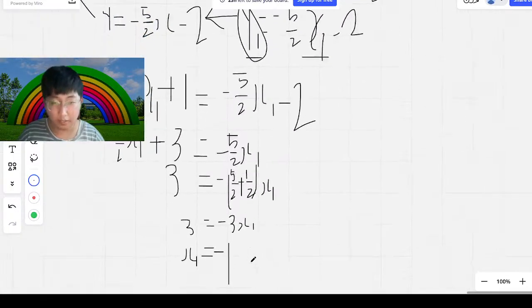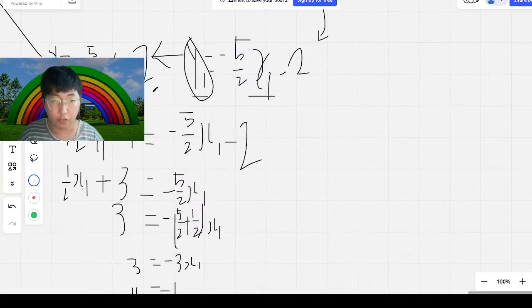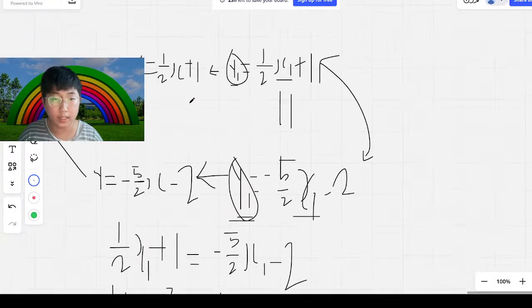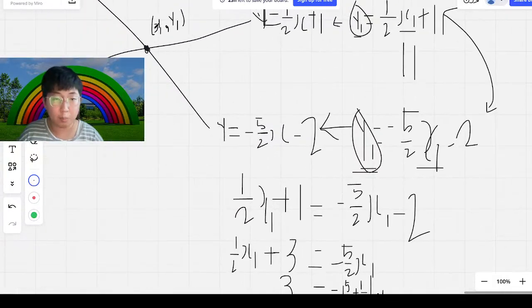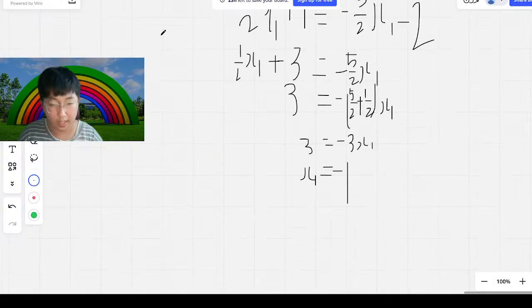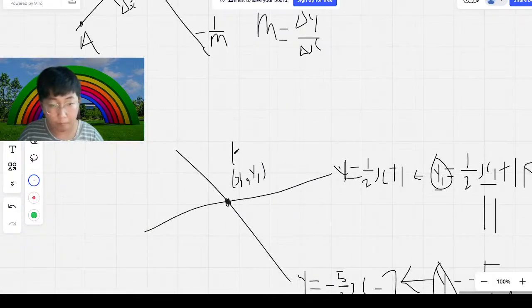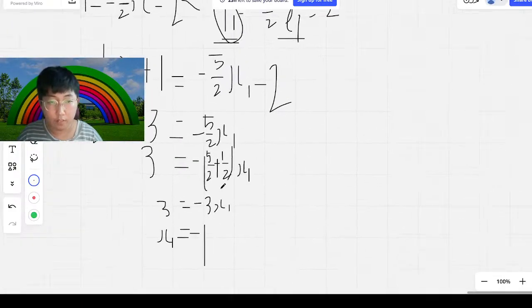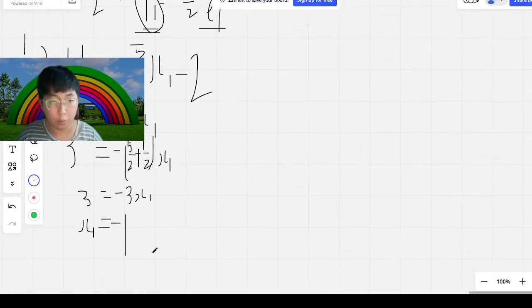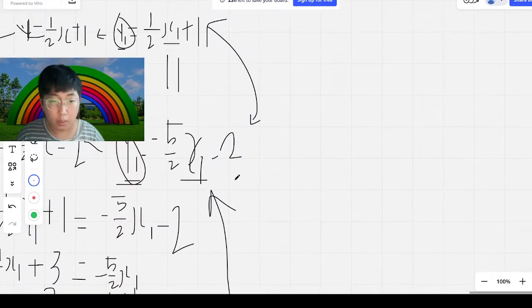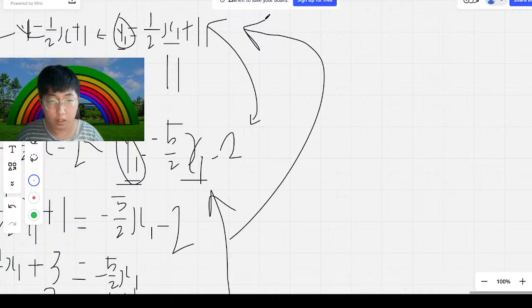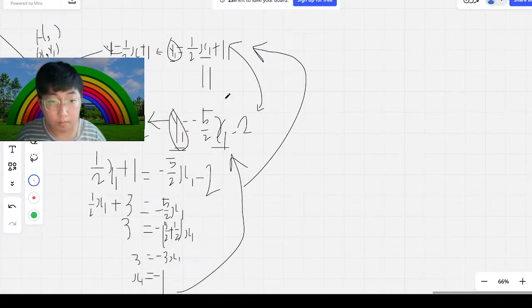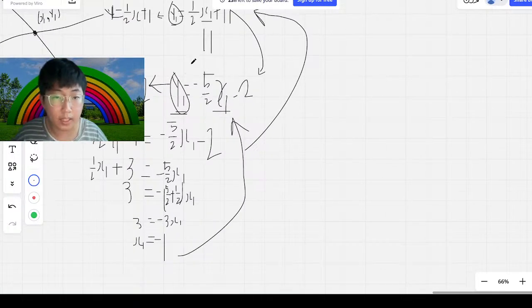Now, this is not the end of the story because we need to find the y1 coordinate and we want to know where exactly this point is. Knowing x1 only right now, -1, doesn't mean that we know what y1 is yet. But we can plug this -1 value back into either equation. So let's plug it into the top one.